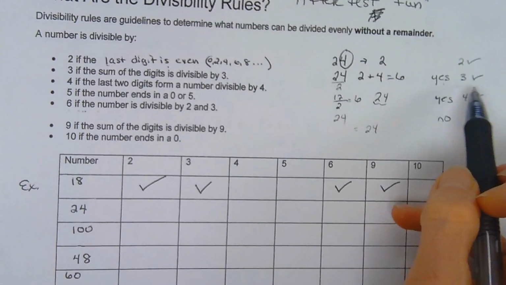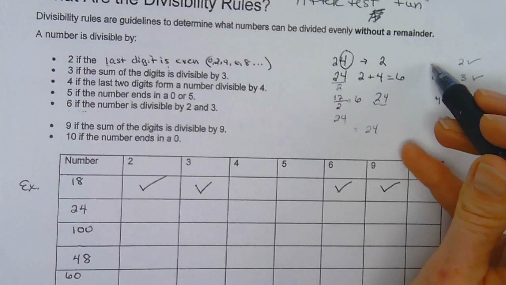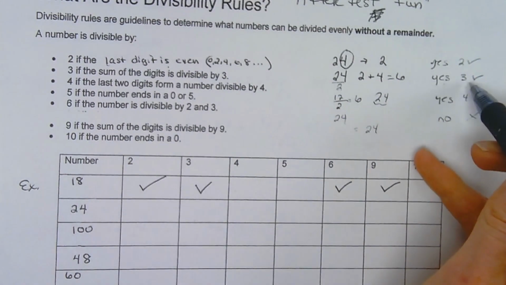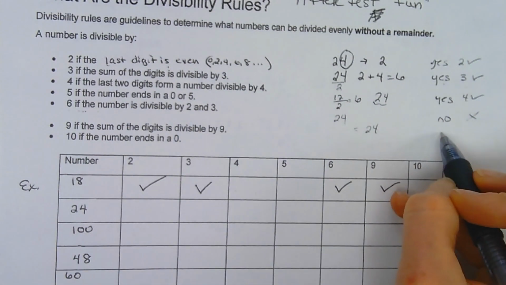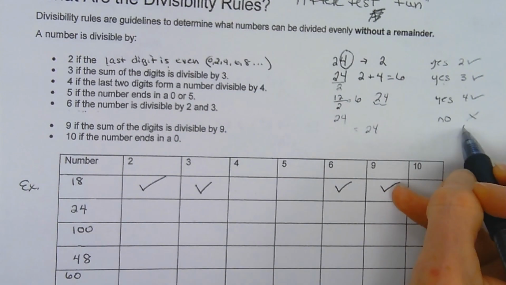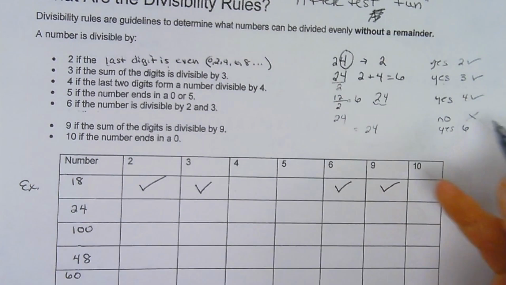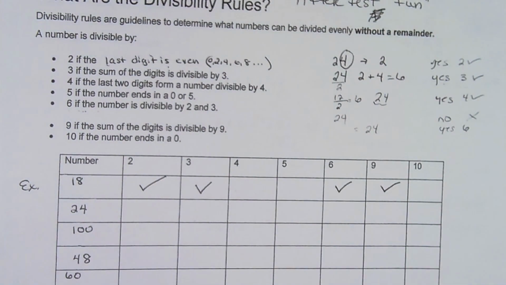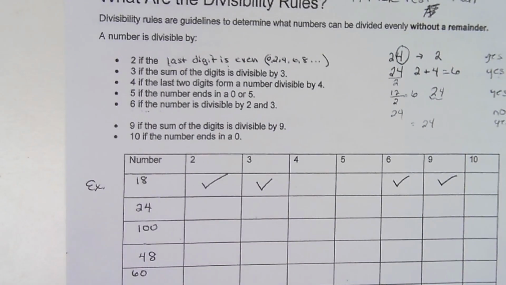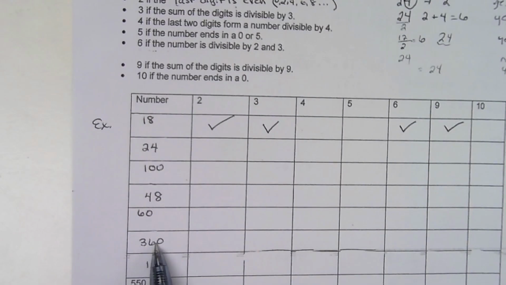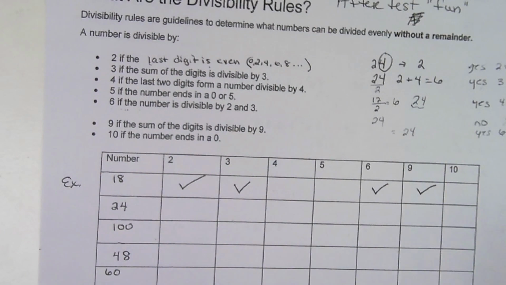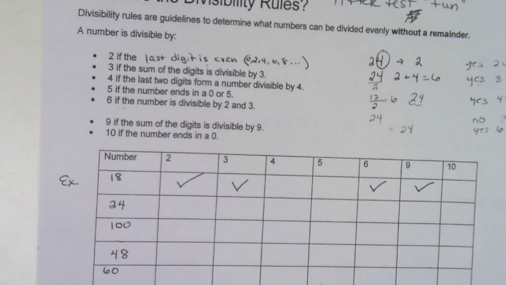So this number is both divisible by 2 and by 3, so it is also divisible by 6. So the way to tell if a number is divisible by 6 is if it's divisible by 2 and 3, then it is divisible also by 6.